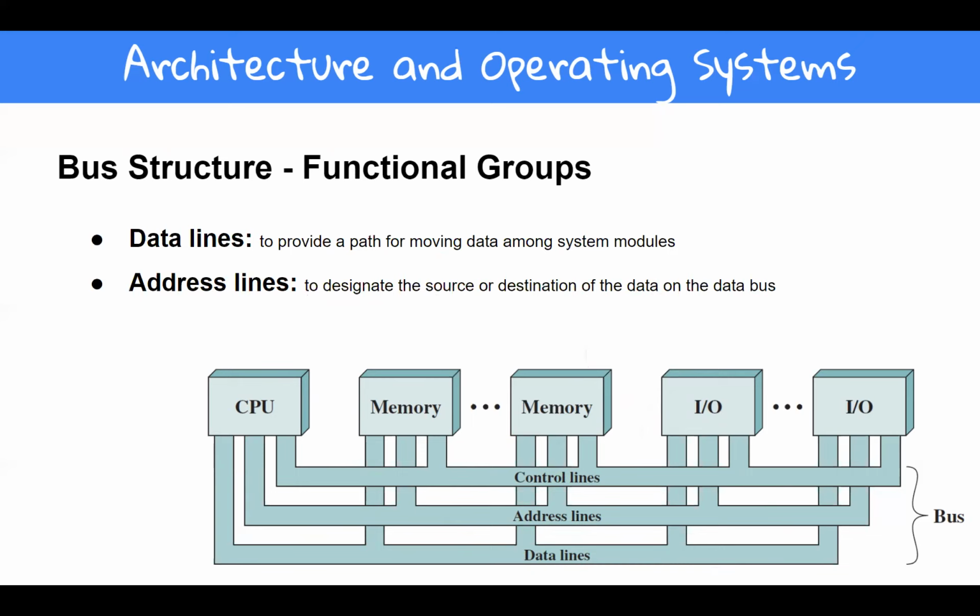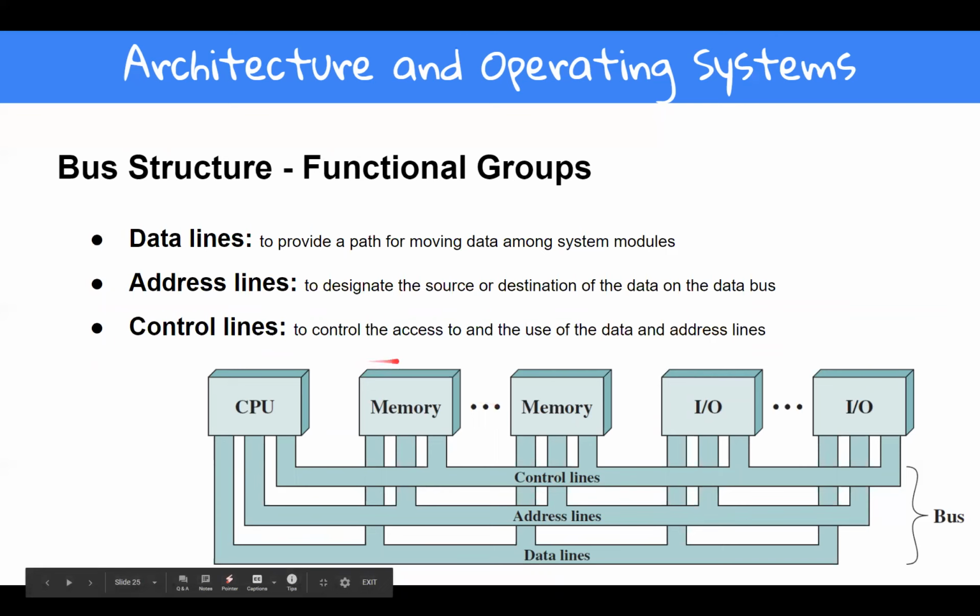For example, 300 in our fetch-execute example. The address line should take that 300 and say, this is the place that you need to go. And control lines control the access and use of the data and address lines. They control the whole system and say, you need to write on the memory at this specific address this specific data. So as you see, we have three types of buses: data bus, address bus, and control bus.